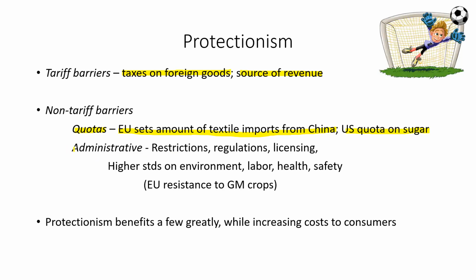We've got some administrative barriers, where we can put restrictions on certain products from certain countries, or more regulations or higher licensing requirements, or place higher standards on their environmental requirements or their safety requirements, their health requirements. We can make them more strict as far as their labeling requirements. The EU has, over the past few years, been resistant to genetically modified crops.